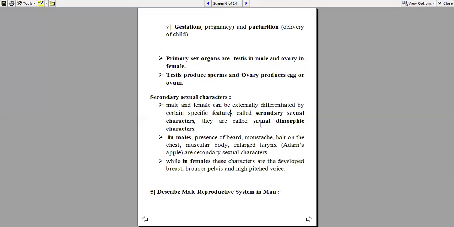These are also called sexual dimorphic characters. Let us see these characters in males and in females. In males, presence of beard, mustache, hair on the chest, muscular body, enlarged larynx are secondary sexual characters. While in females, these characters can be developed in the form of breast, broader pelvis, high pitch voice, etc. So it's very important here to know what are the secondary sexual characters in male and in female.